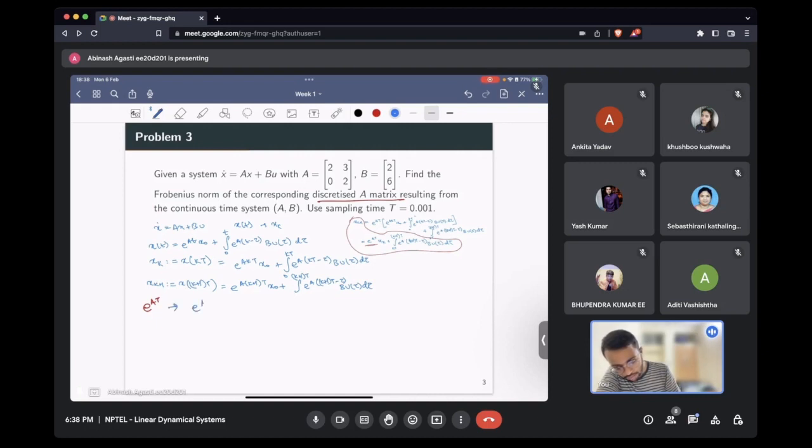We all know that e to the power At, with small t, is given by the Laplace inverse of (sI minus A) inverse. After finding this e to the power At as a function of time, I can just plug in time equal to T, and based on that I can find the new discretized A matrix. So let us find out e to the power At first.